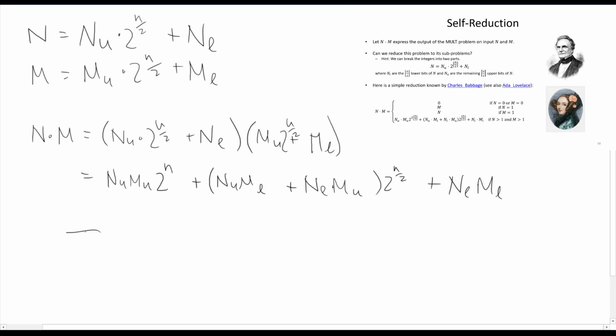So let's assume that the input size is n. Remember, padded with zeros if we need to. I'm going to ignore the base case for a second and just worry about the recursive case and see here that we're going to end up with 1, 2, 3, 4 multiplications. So we're going to do 4 recursive calls. These are all recursive calls, right? They're written in the same form here.